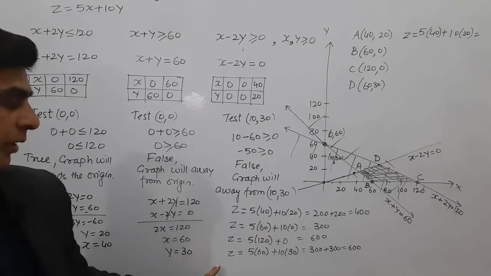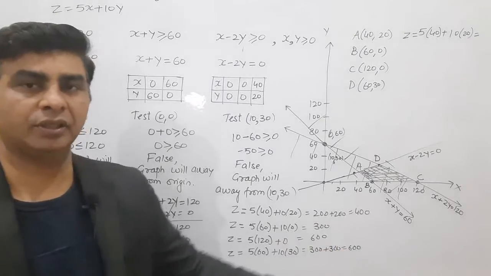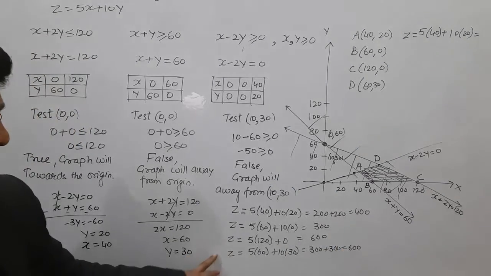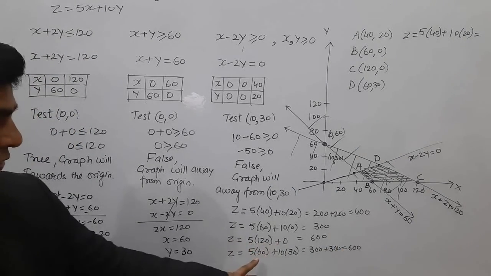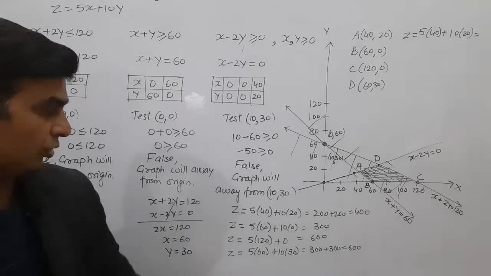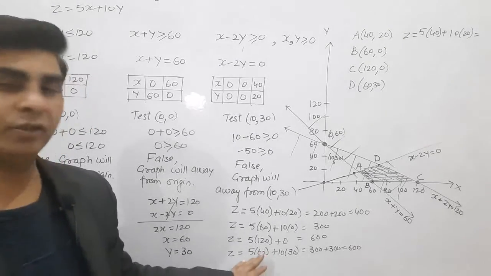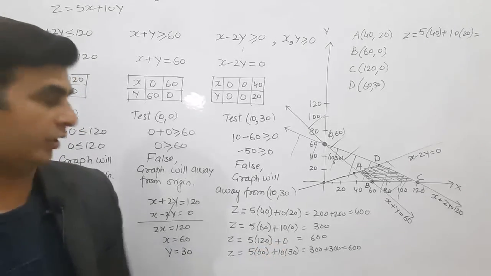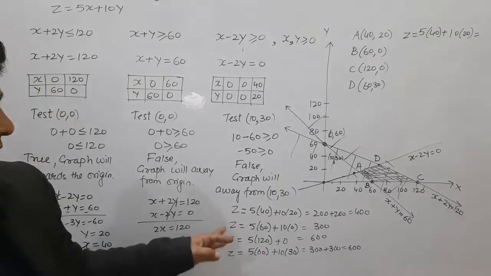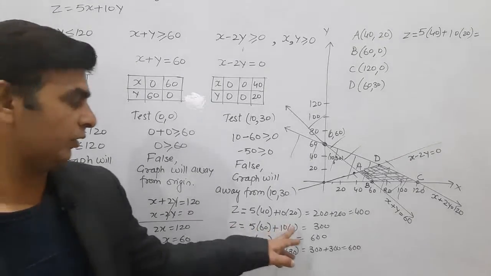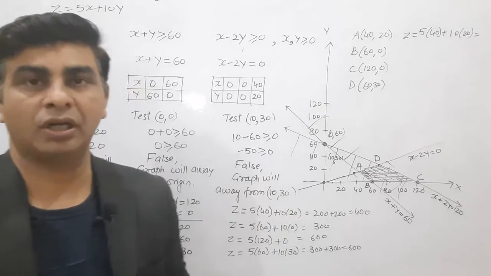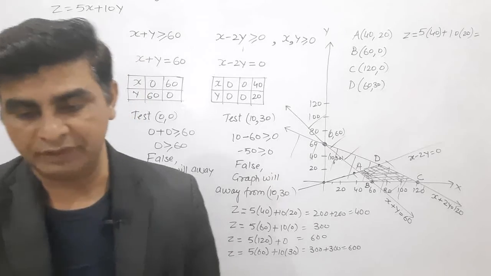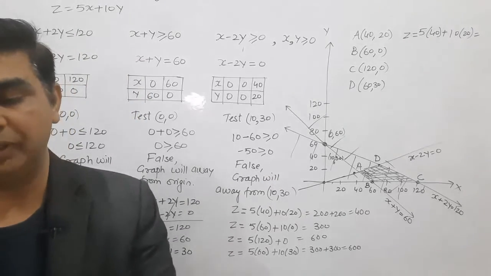Z की दो वैल्यूज़ हमारे पास सेम वैल्यू आई है 600 और 600 और वो दो अलग अलग पॉइंट्स पर आई हैं. पहला पॉइंट हमारा 120,0 है, दूसरा हमारा 60,30 है. सो जो Z की जो मैक्सिमम वैल्यू है दैट विल अकर एट द 2 points which are your 120,0 and 60,30 and the minimum value of Z is your 300 at the point 60,0. So this is the solution of the question number 7, which is your from exercise 12.1.